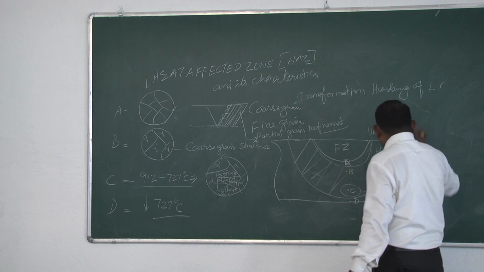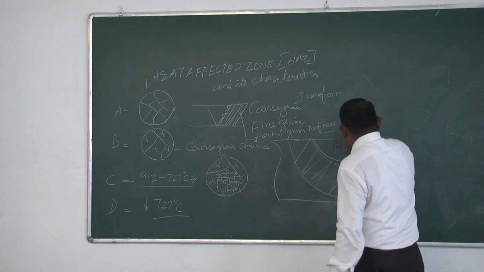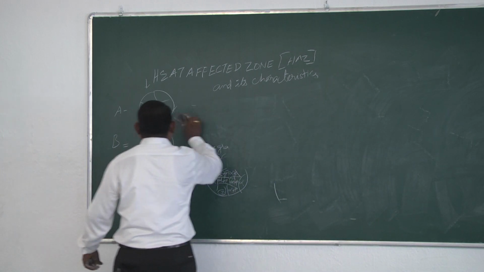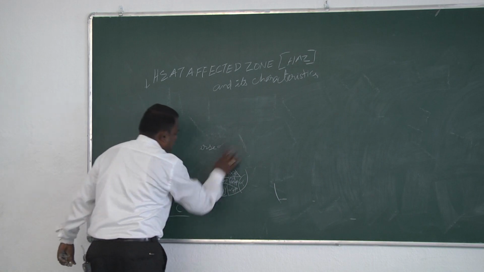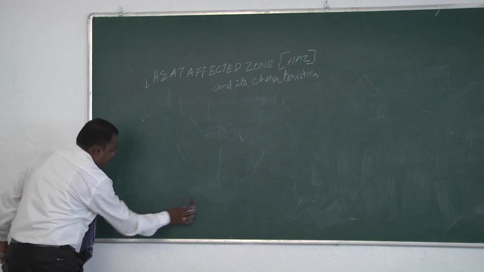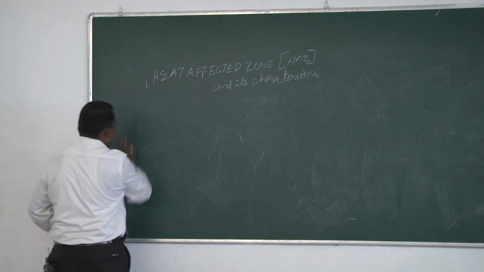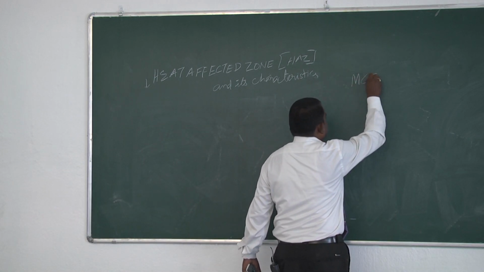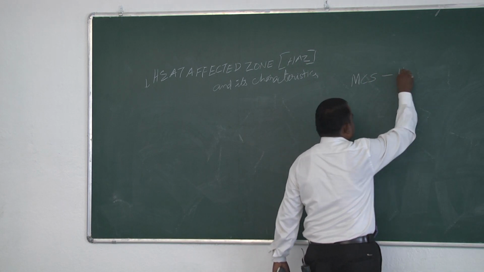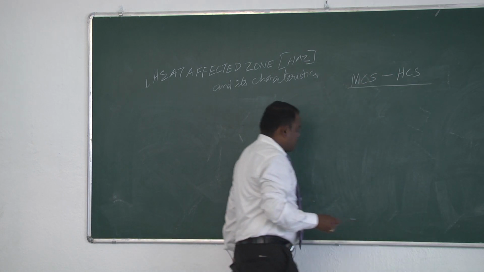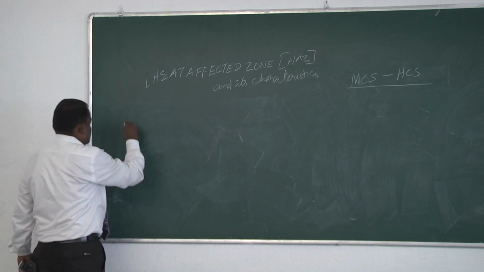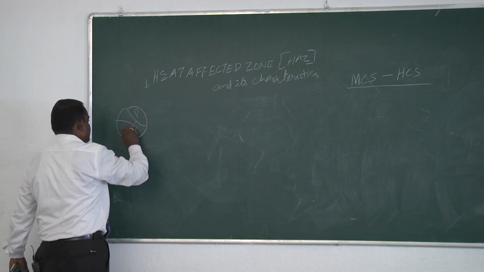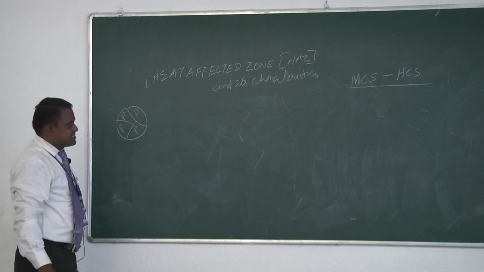Now we will see how the transformation hardening of medium carbon steel and high carbon steel is achieved. In the medium carbon steel MCS or high carbon steel HCS, even the starting room temperature microstructure itself has a pearlitic structure.